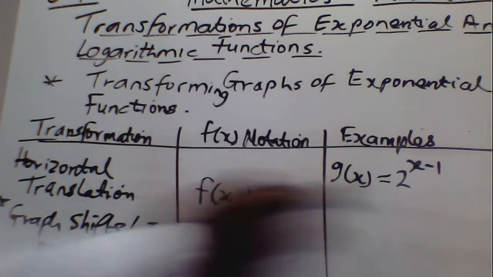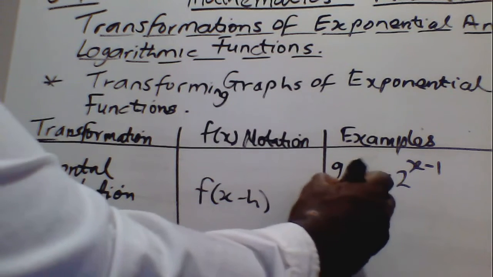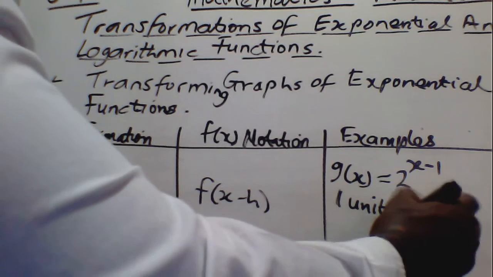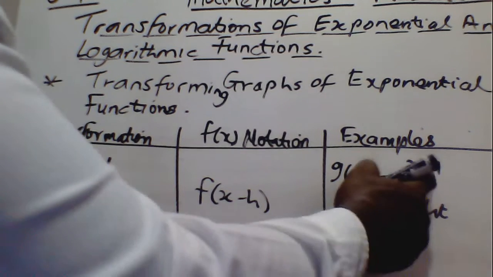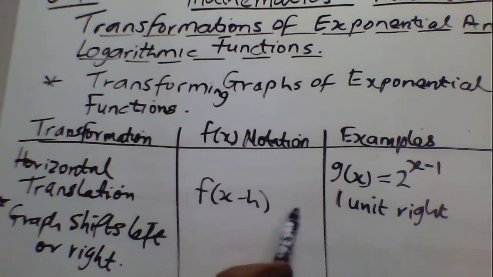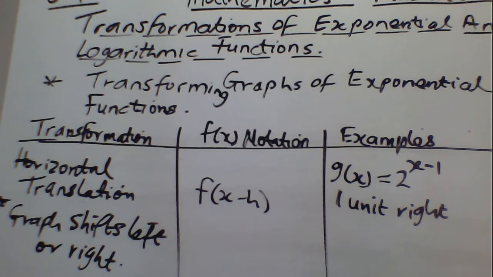This means a translation of 1 unit to the right, because minus h equals minus 1, so h is equal to 1. So it will move 1 unit to the right.